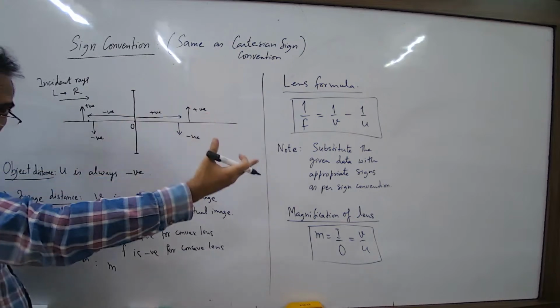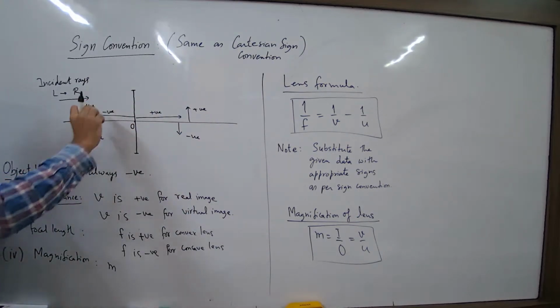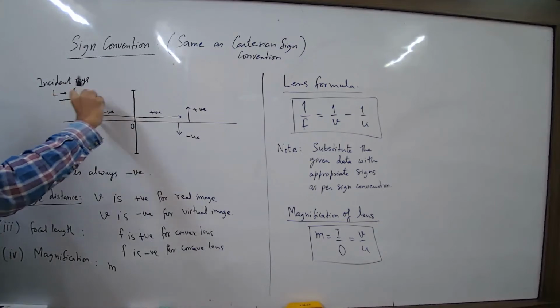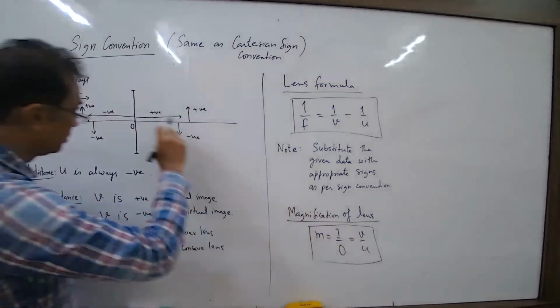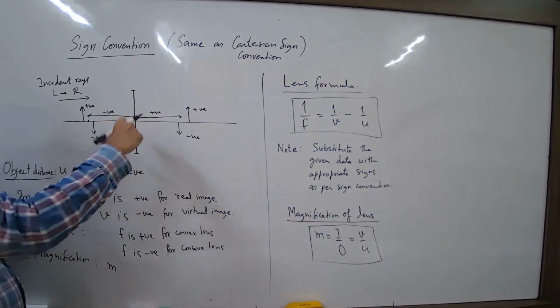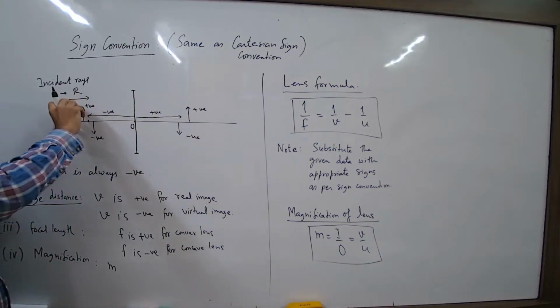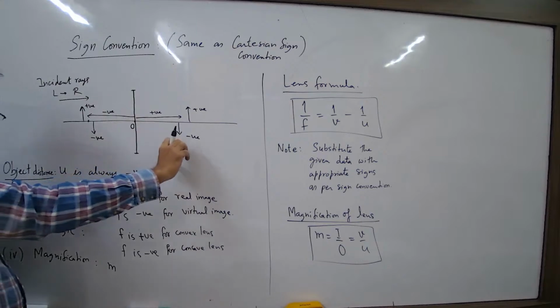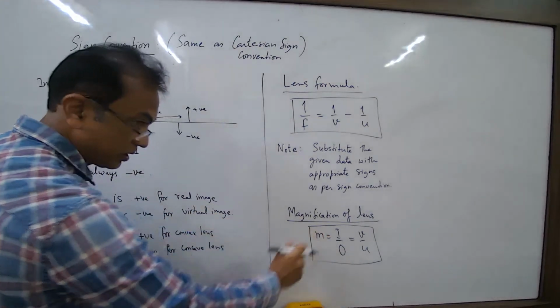If the image is behind the lens, it will be real. In front of the lens, it will be virtual. So for virtual, m should be positive because both v and u are negative. For real, the object size is positive but the image is negative, so magnification for a real image will be negative.